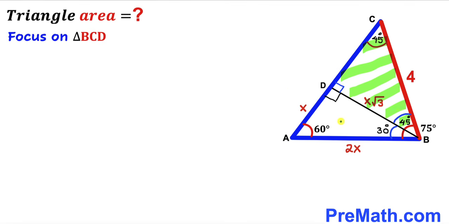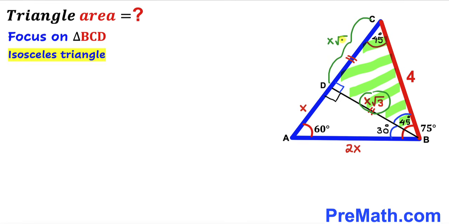In this triangle BCD, this angle is 45 degrees and this angle is 45 degrees as well, so we conclude that this is an isosceles triangle. So this side CD length is equal to this side BD. We know BD is x times the square root of 3, so CD has got to be x times the square root of 3 as well.